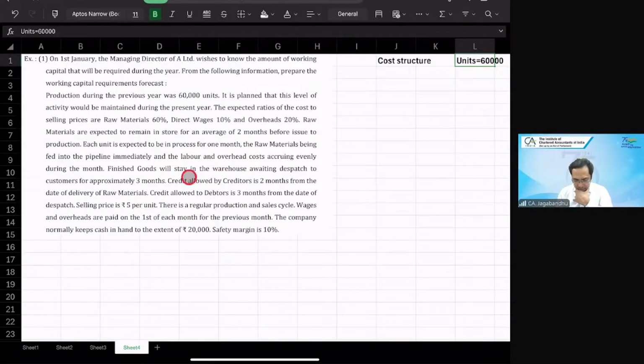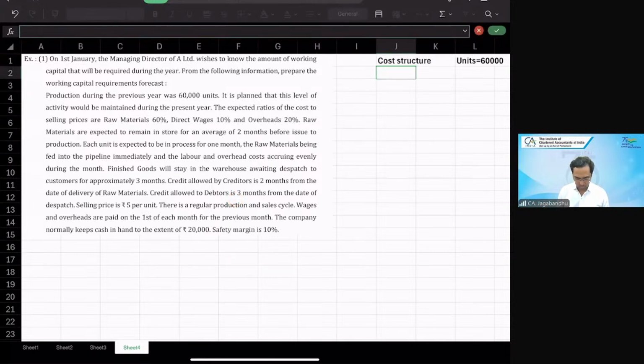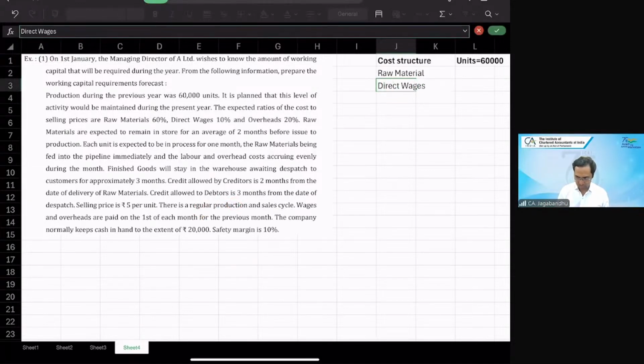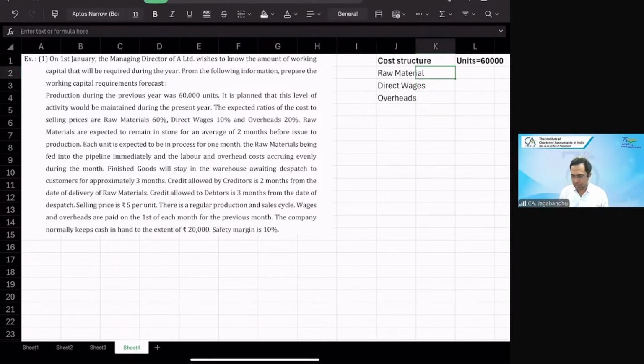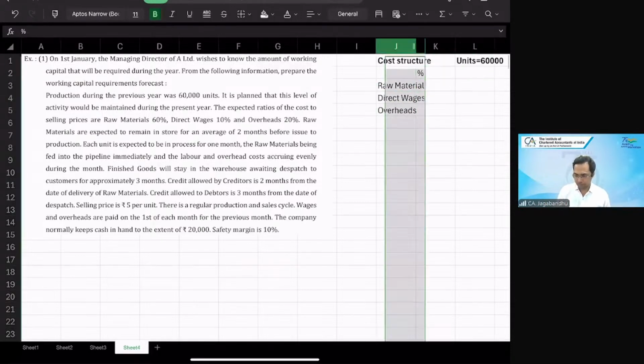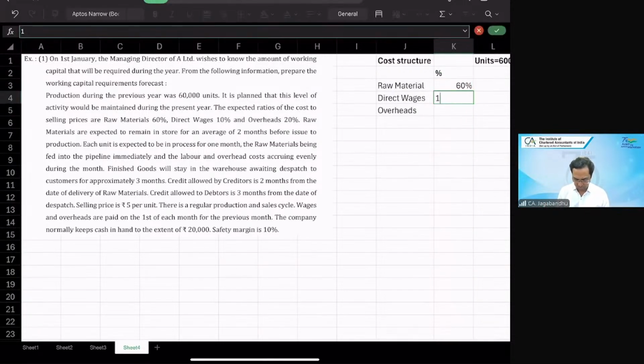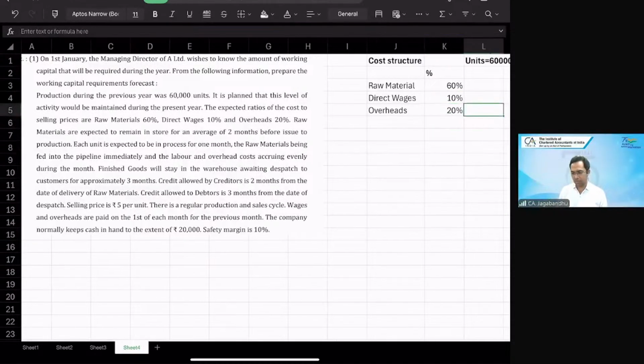Let's prepare the cost structure specifically for raw material, then direct wages, then overheads. These percentages are already given to us: 60%, 10%, and overheads 20%.